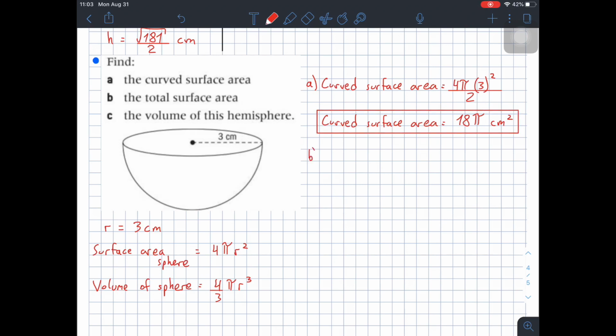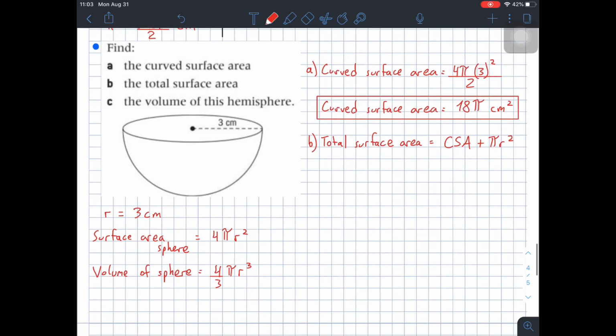Then for part B, it says the total surface area. I already found the curved surface area, but to find the total, I need to add this area over here. So the total surface area is the curved surface area plus the area of this circle over here, which, if you remember the area of a circle, is pi r squared, right?